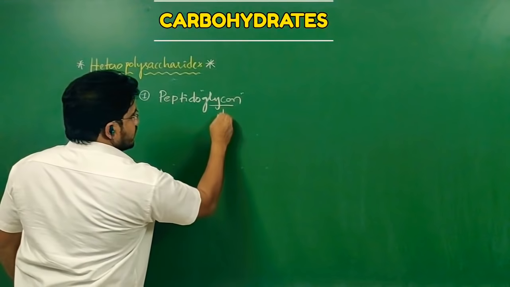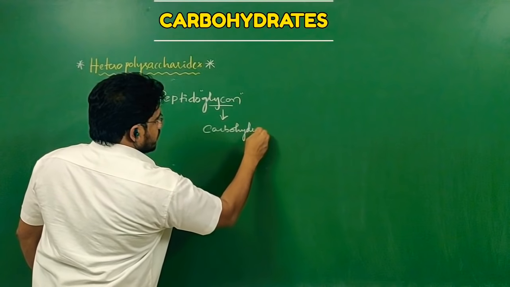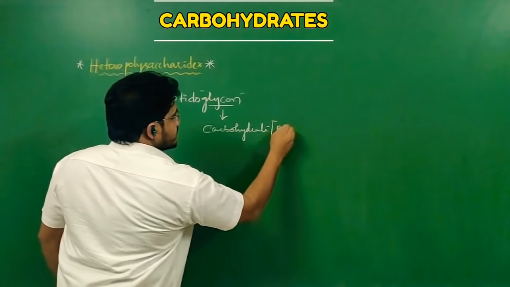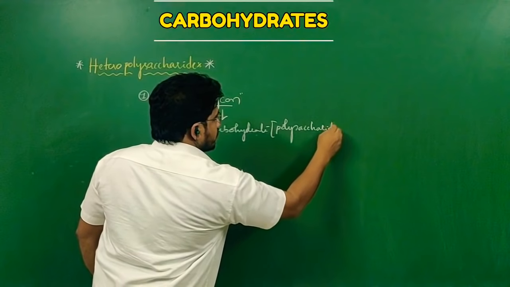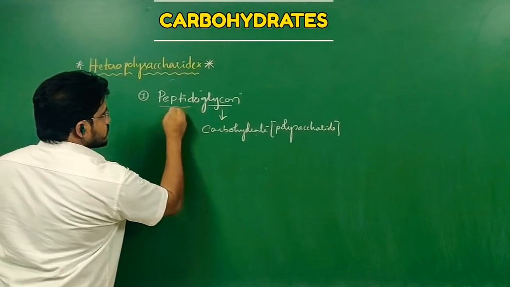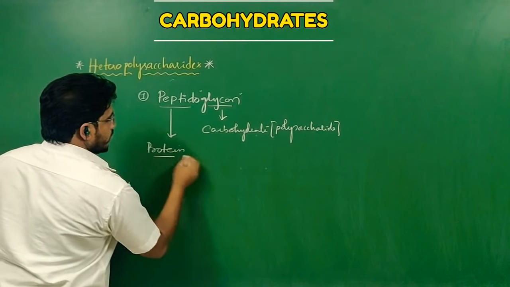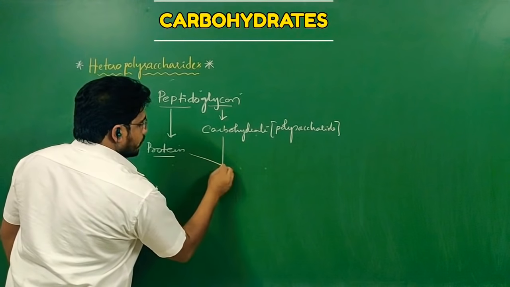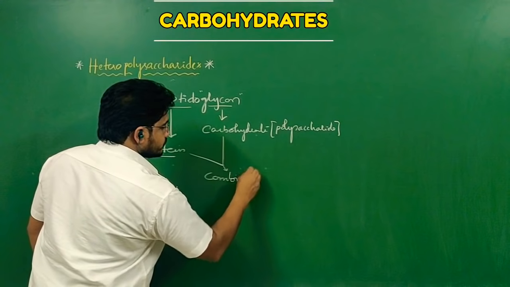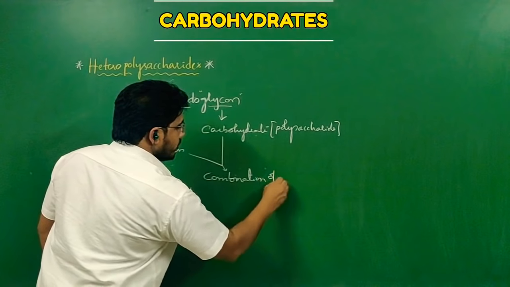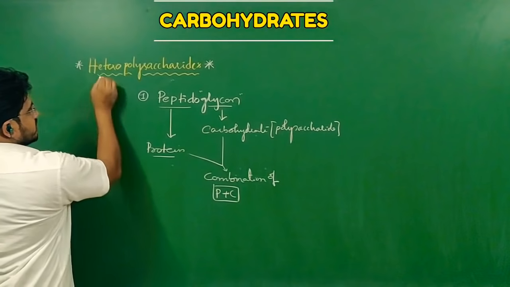Glycan means carbohydrate that belongs to polysaccharide. No doubt. Then peptido means what? Protein. It belongs to protein. So carbohydrate and protein. So this is a combination of protein plus carbohydrate. That's why it is hetero.